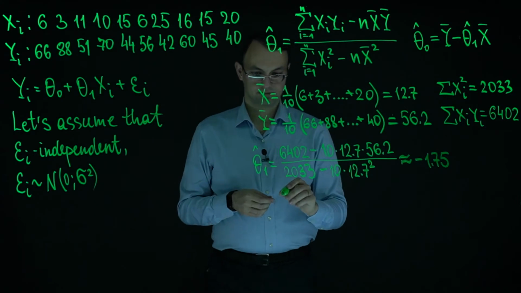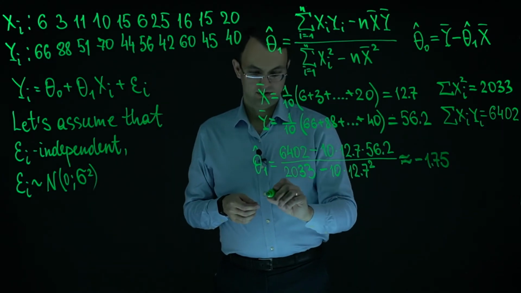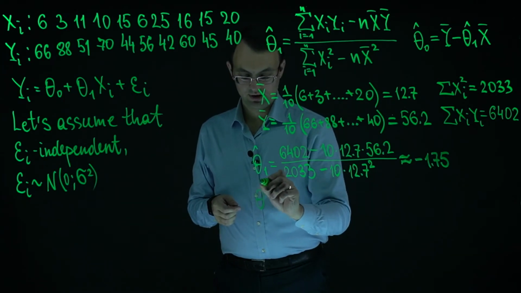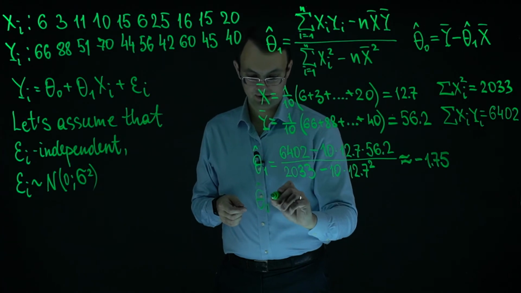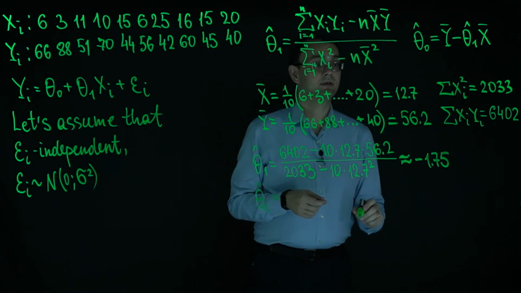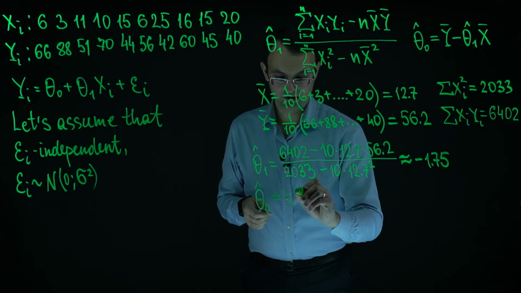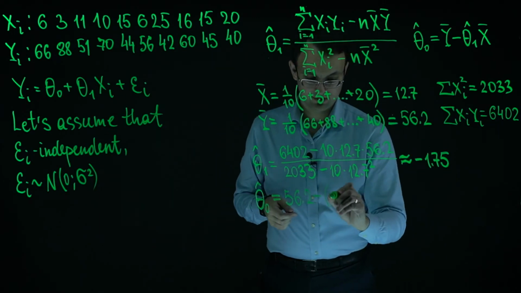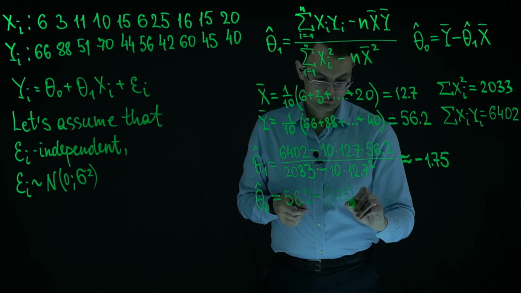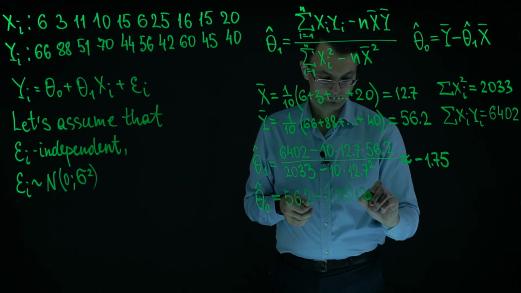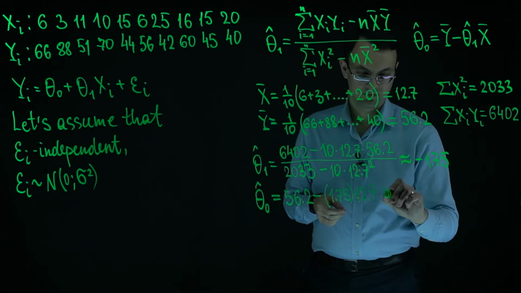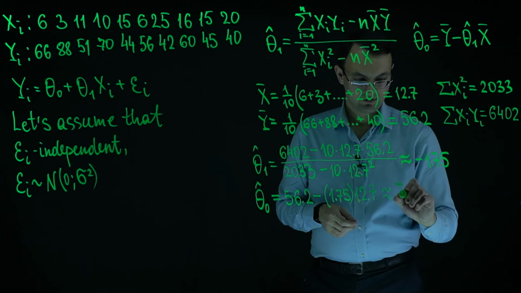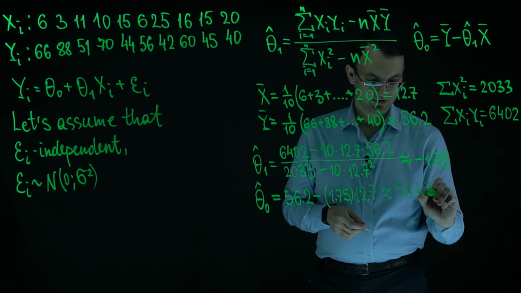And then theta 0 hat is equal to y bar, 56.2, minus theta 1 hat times x bar, and this is approximately 78.43.